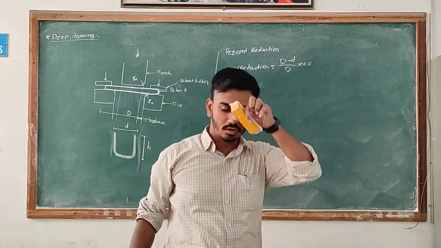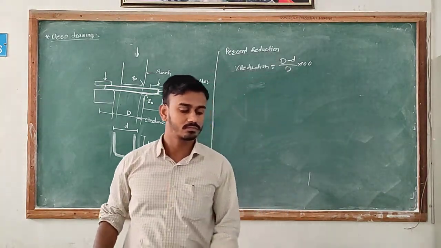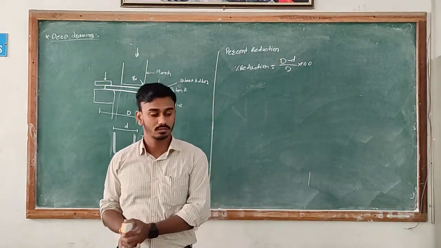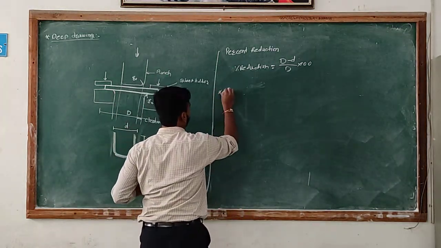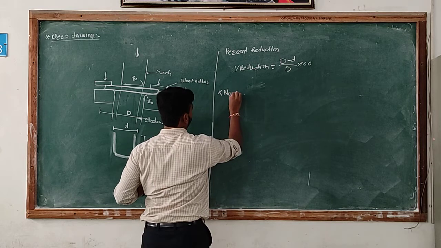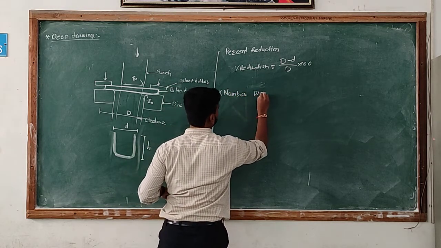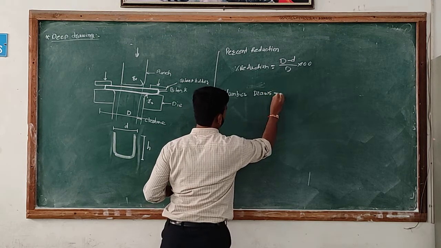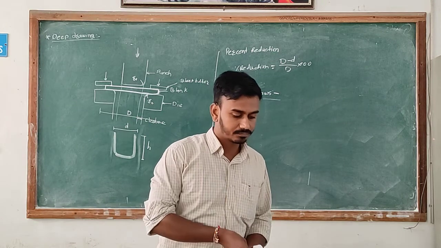Capital D minus small d into 100 is called the percent reduction. Okay. Now there is another term, that is number of draws. How to decide the number of draws?